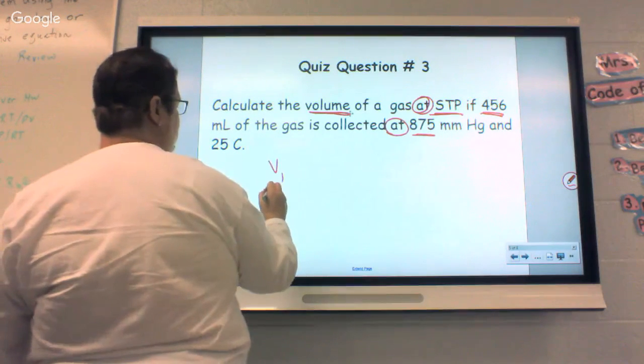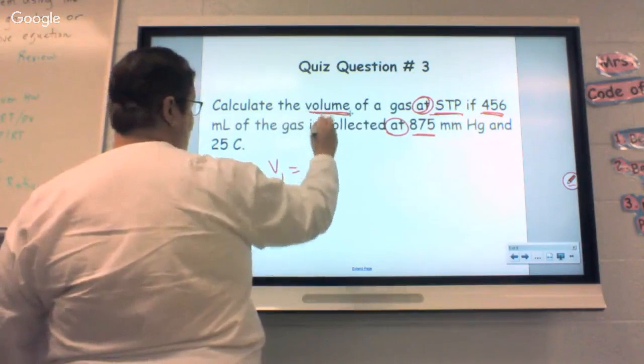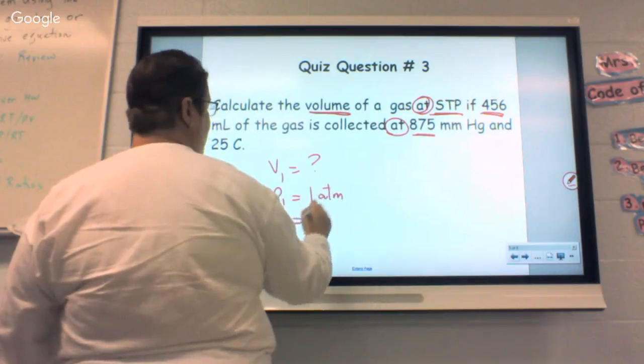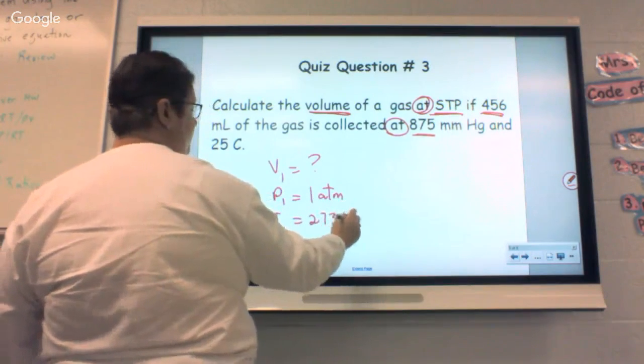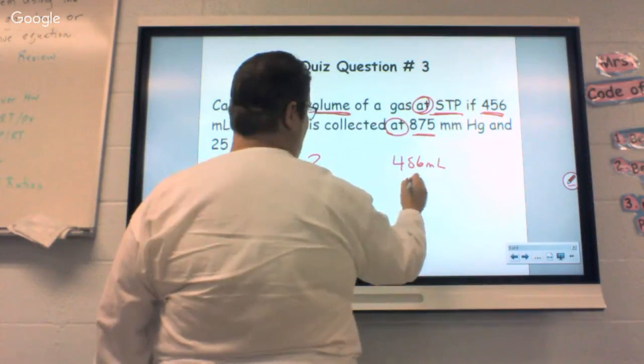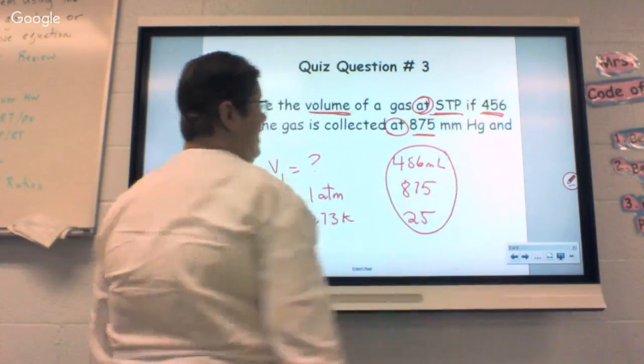So calculate the volume at 1 ATM and 273. And then that 456 milliliters has to stay with the 875 and the 25. Those 3 things have to stay together.